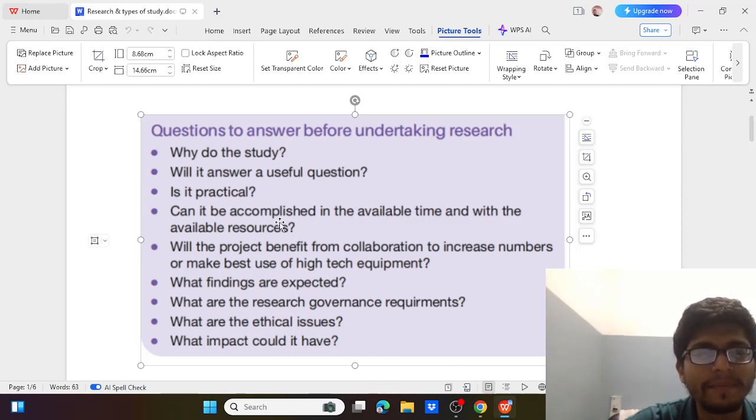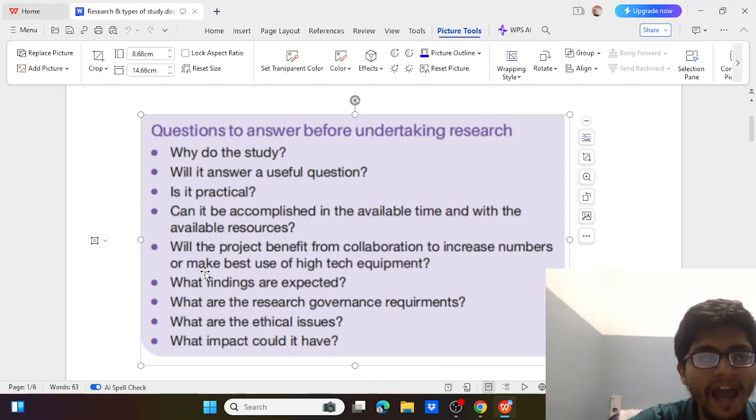If we have planned a very big research, we may not have that much time as per the deadline, or we may not have the resources or funding for the project. So we have to consider that. Next, will the project benefit from collaboration to increase numbers or make best use of high-tech equipment? Collaborating with other team members or professionals, or using high-tech equipment, will that benefit our research? That should be a question.